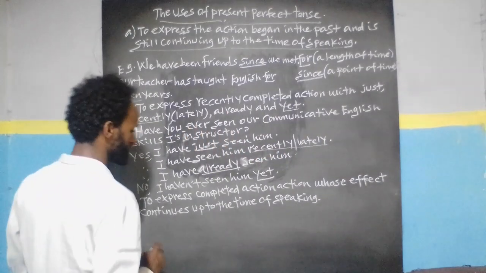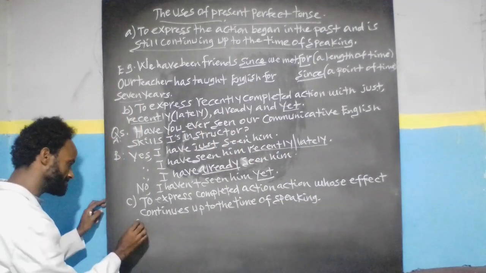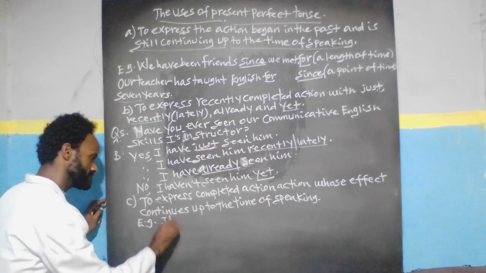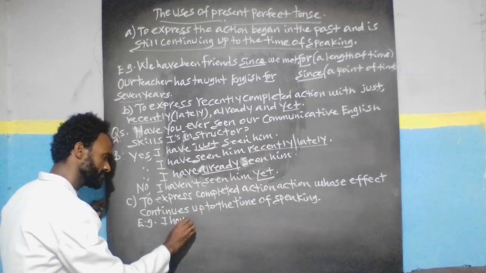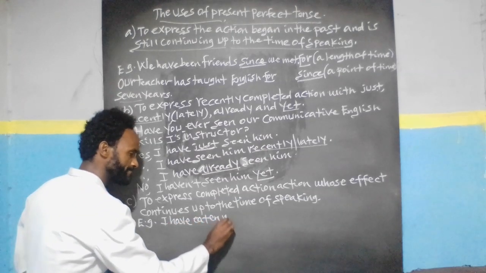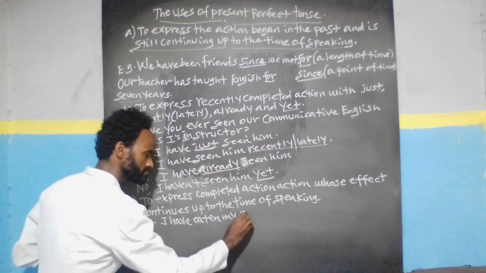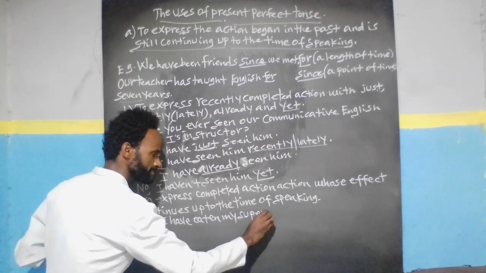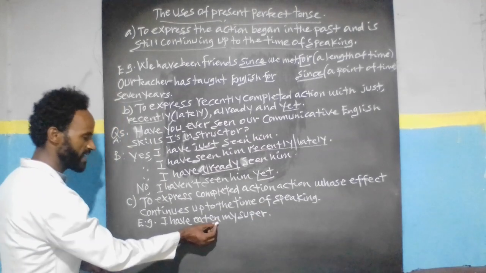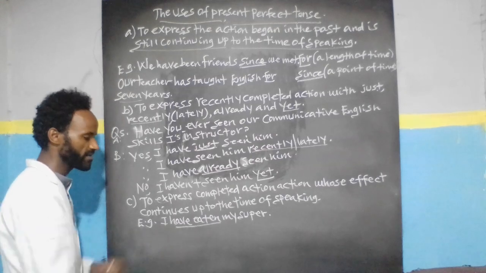So we can say, for example, I have eaten my supper. This action was completed before, by using the past participle of the verb to eat, eaten.